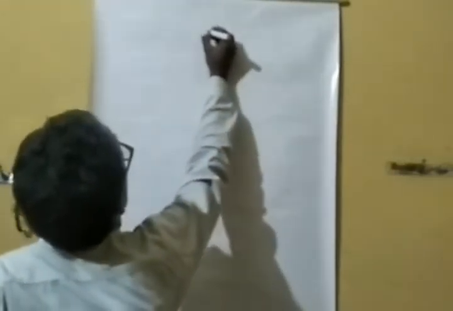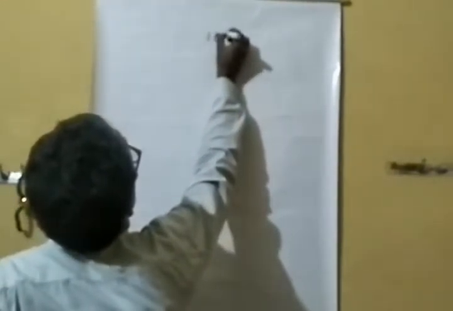Okay, so we come to the first chapter, first exercise, 1A. If we look at the first question, question 1 is: express the following numbers in words.